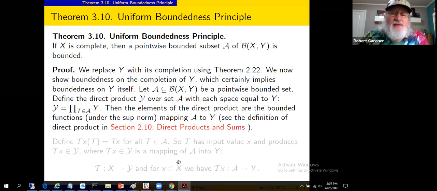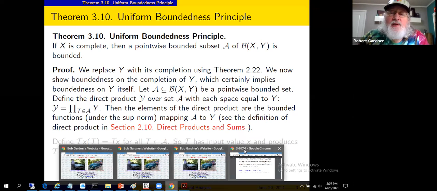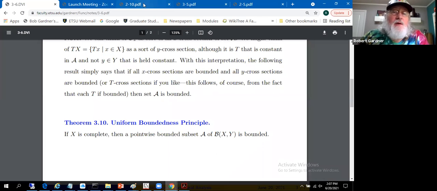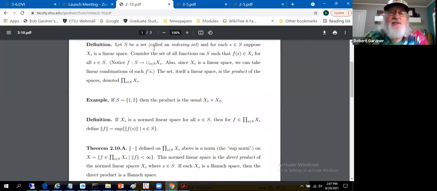Let's look at section 2.10 real quick. Got it hidden in the back. So here's where we define these. We're taking calligraphy A as the indexing set.